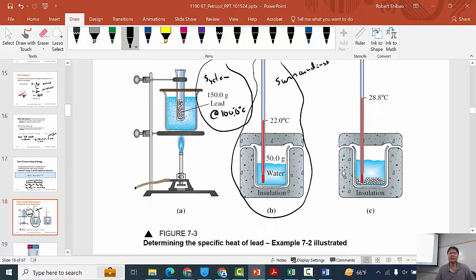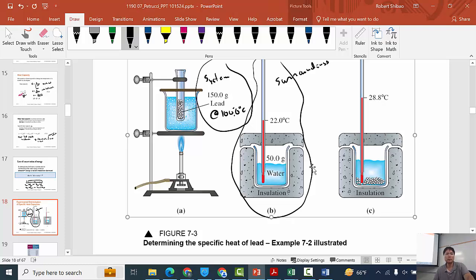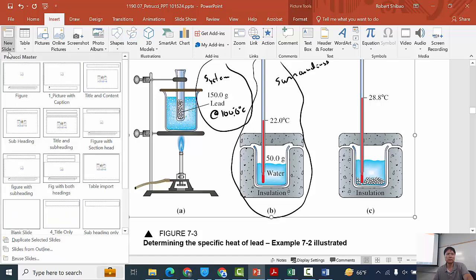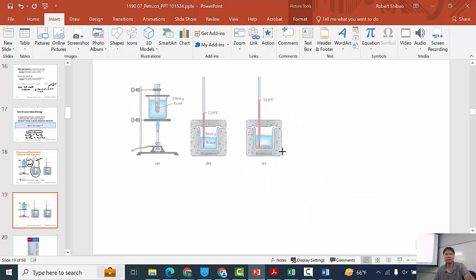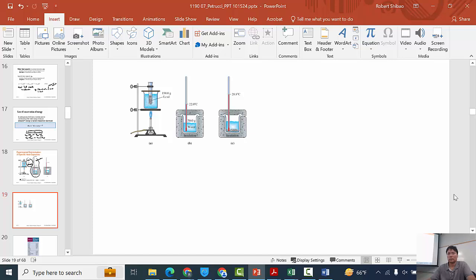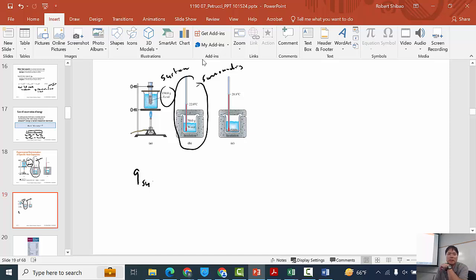So we're going to use the first law of thermodynamics. It just says Q of the system is equal to minus Q of the surroundings.